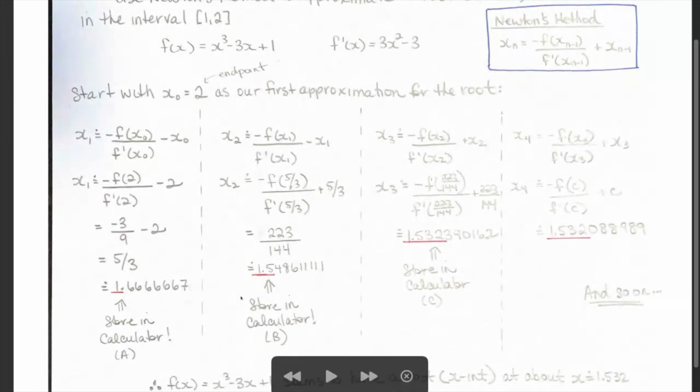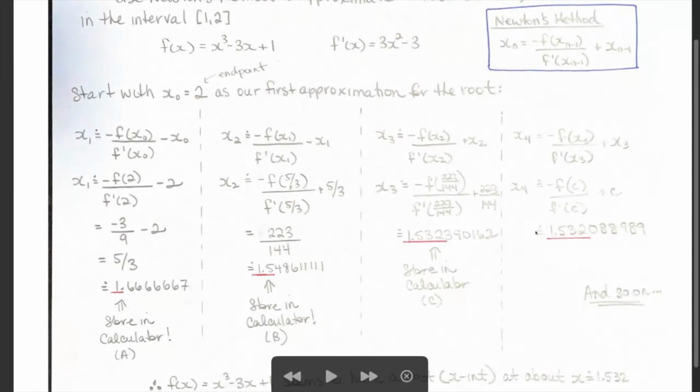So here I had approximately 1.5, and here I have approximately 1.5 before the numbers are different. So I can tell now that my root is going to be pretty close to approximately 1.5. I'm not satisfied though. I want to get even more accurate. So I'm going to store this value into the variable c in my calculator.